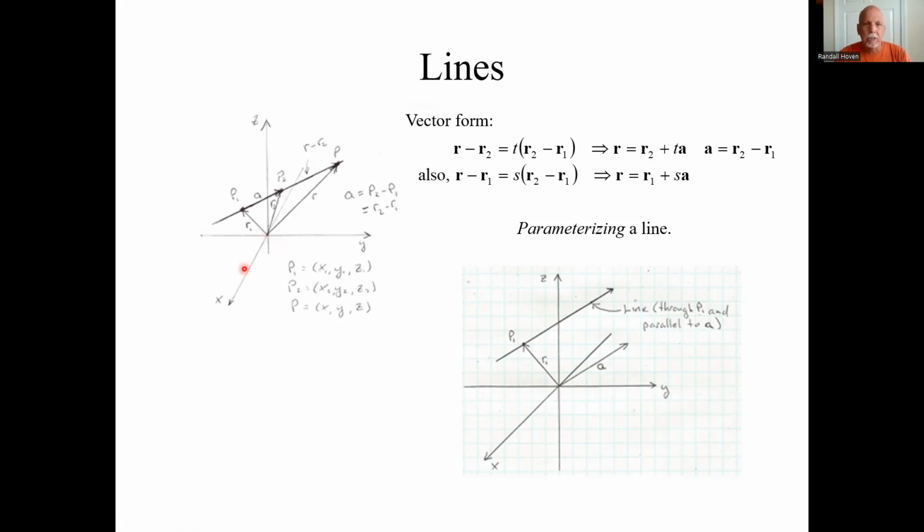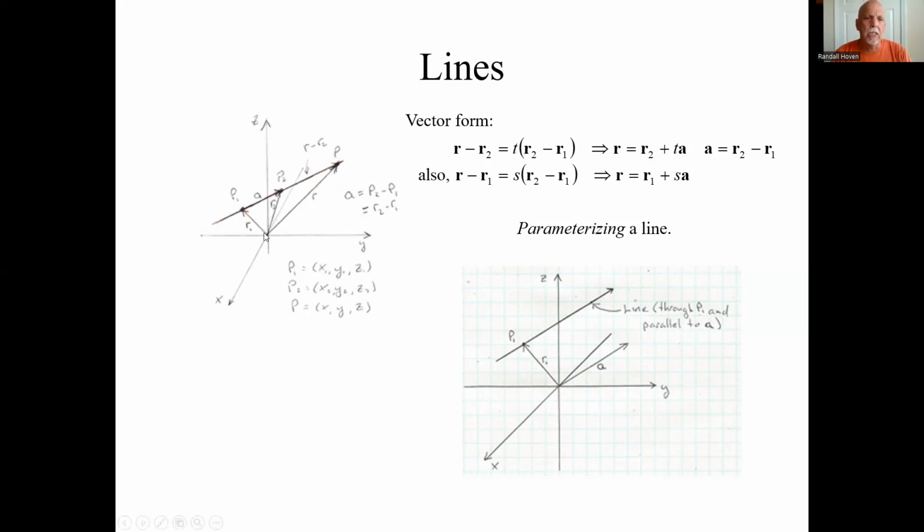So we've got our three-dimensional space, X, Y, and Z. We want to describe a line in that three-dimensional space. Let's say we're given two points on the line, P1 and P2. And P over here without a subscript indicates just any other point on that same line.